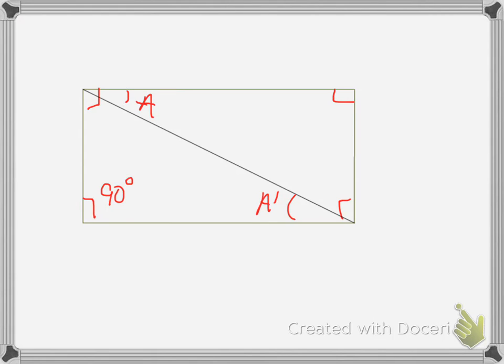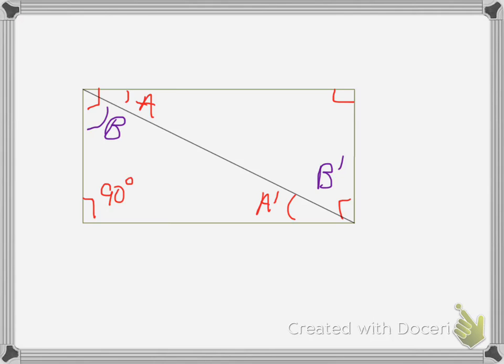And this angle here, let me change colors. This angle right here, we'll call that one B, would be congruent to this angle down here, because they're also alternate interior angles. So we'll just call that one B prime.